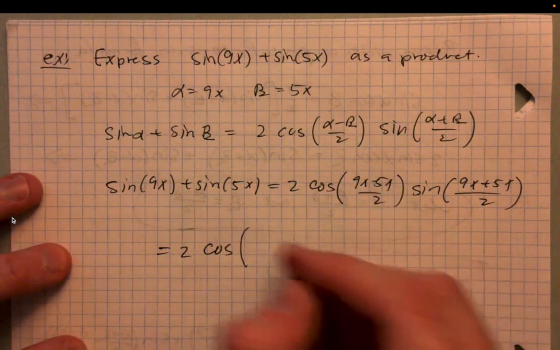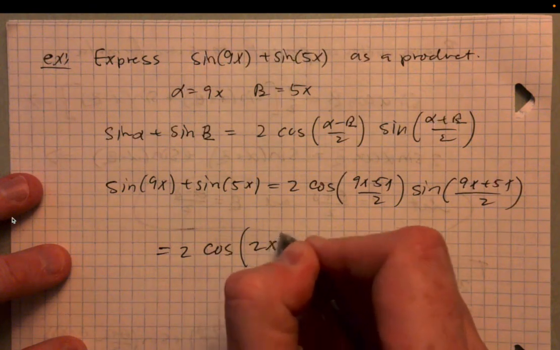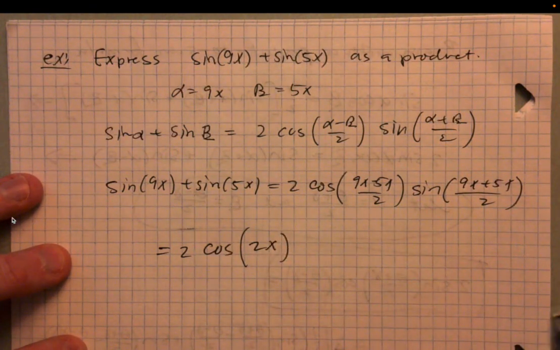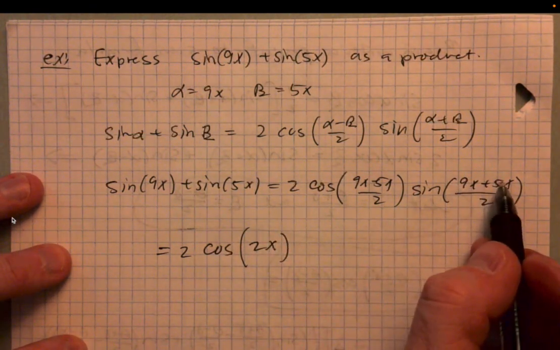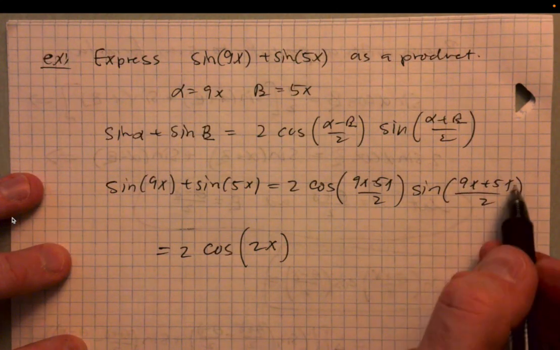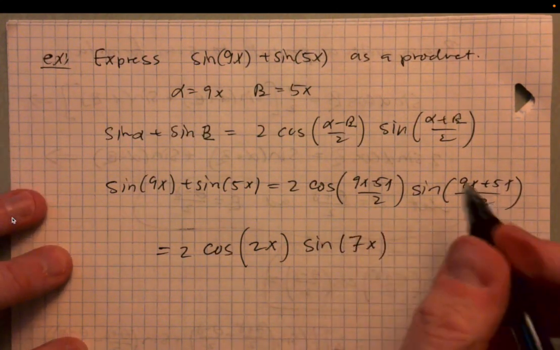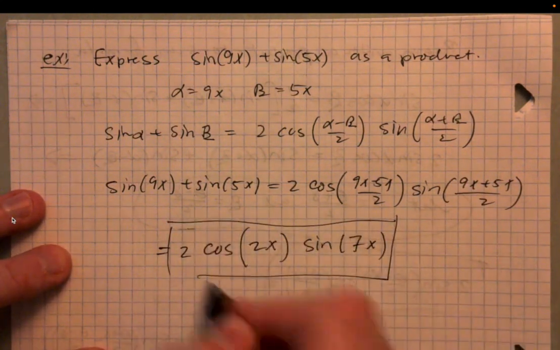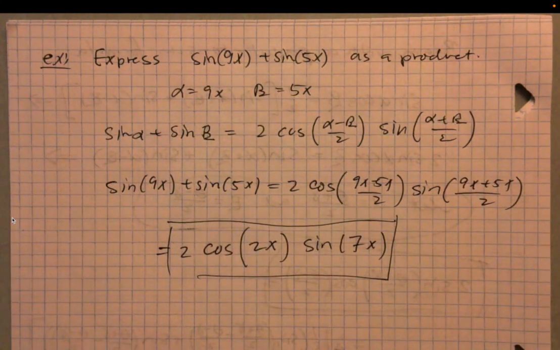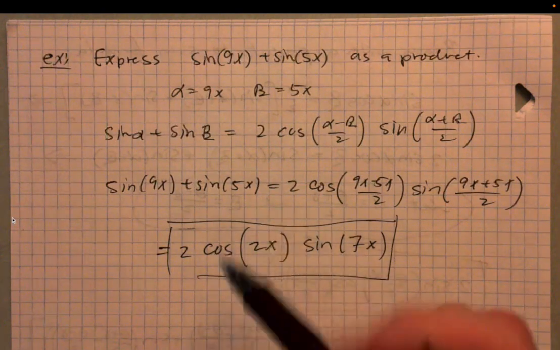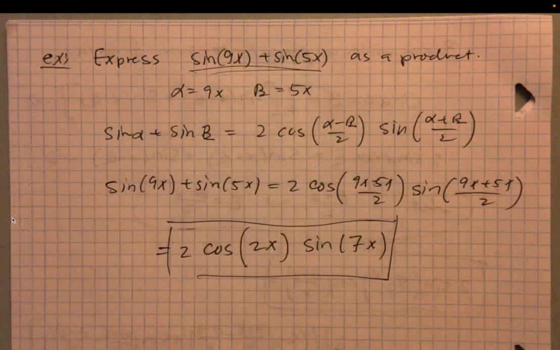So I have 4x over 2. So this is really just 2x. Right? And then over here I've got 9 plus 5, which is 14. So 14 over 2 is 7. So times the sine of 7x. Okay, and so this expression here is equivalent to the given expression, but it's obviously not a sum. I mean, it's a product, right?